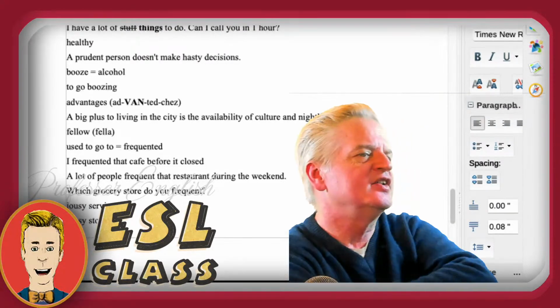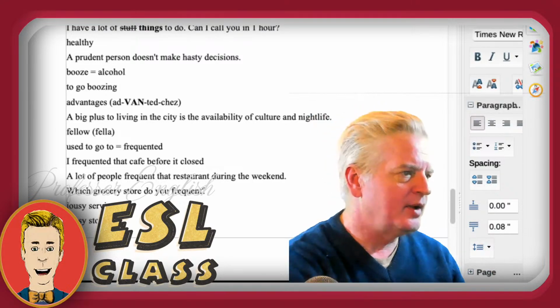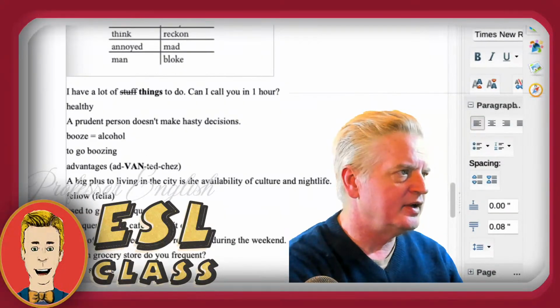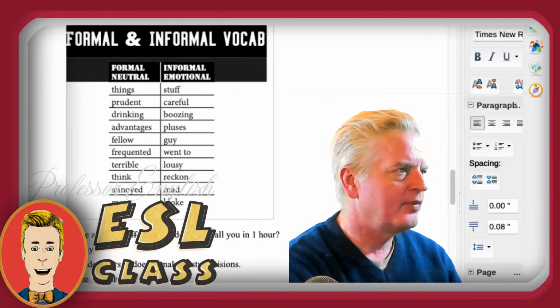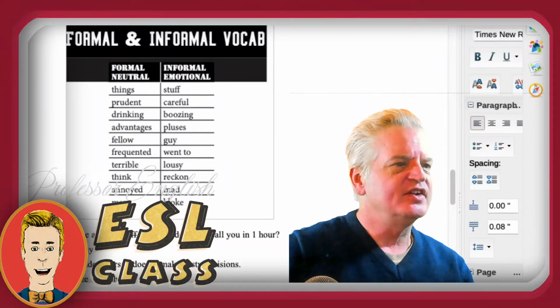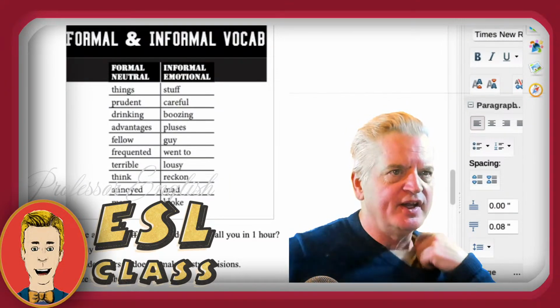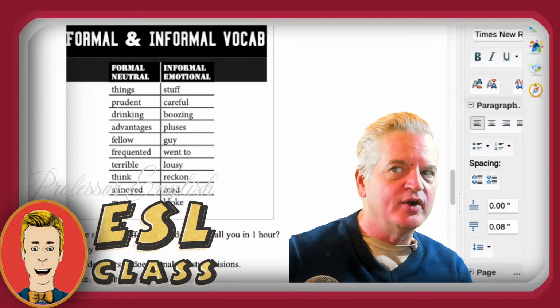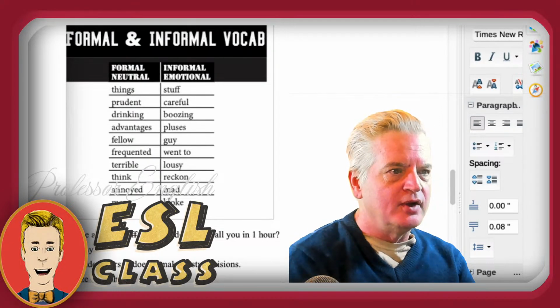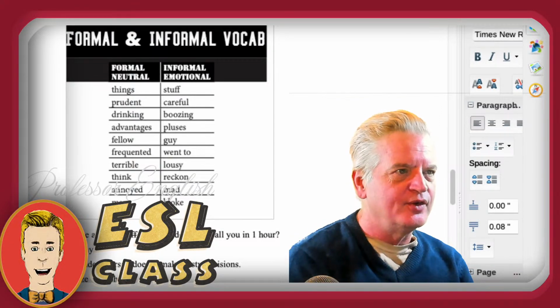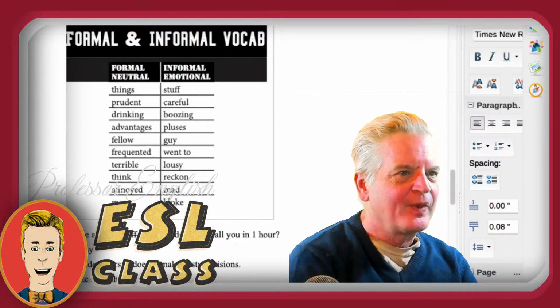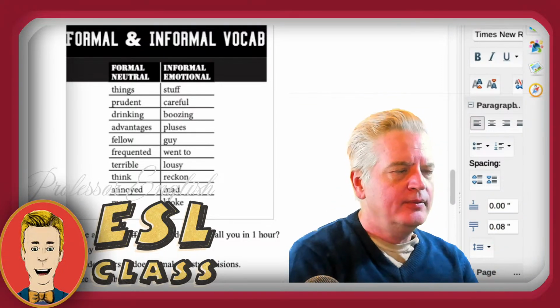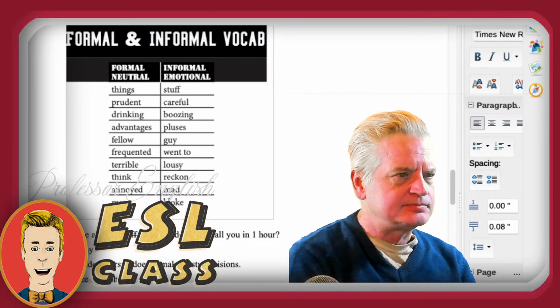So I'm going to go back up to our chart here from the exercise. I'm going to say a sentence in regular spoken English. I'm not going to say it slowly. Right now I'm talking very slowly and clearly for you, but when we do the exercise, I want to sound like a normal person. So try to repeat what I'm saying.